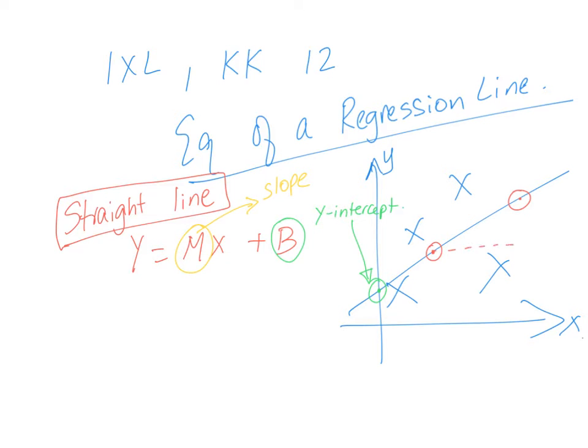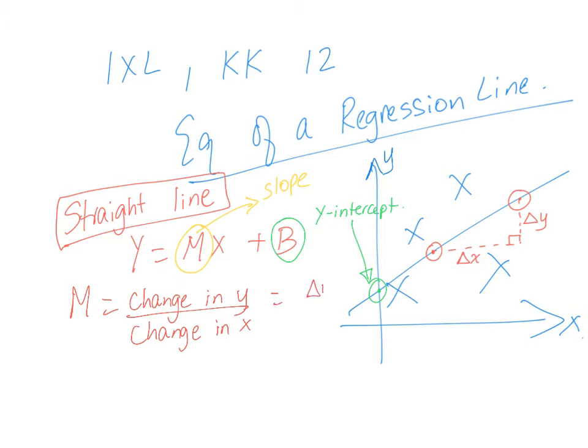If you see any 2 points, you make a right angle triangle and you'll get the slope. Remember, we were using these Greek letters delta y and delta x to define the slope. So m is change in y divided by change in x, which is delta y divided by delta x.